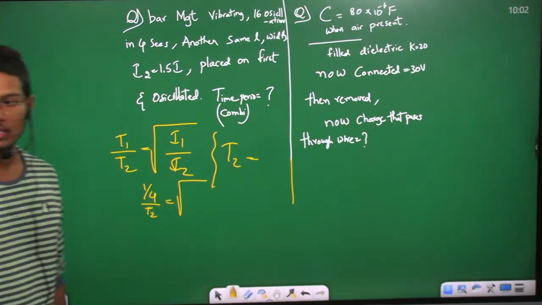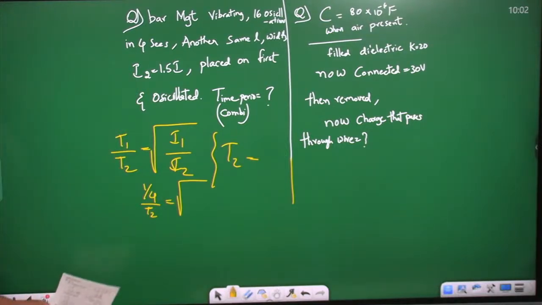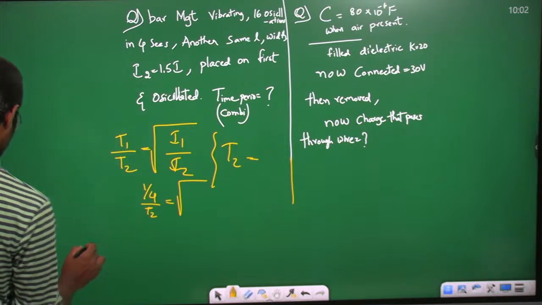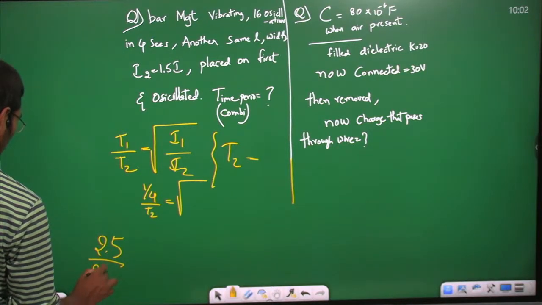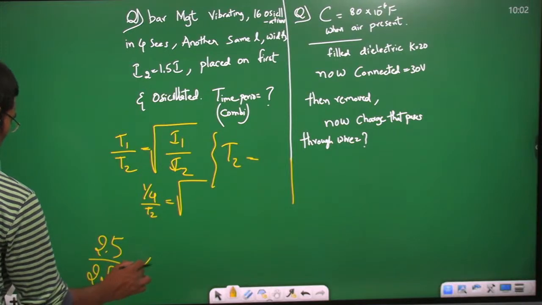First one, you get something as 2.5 by 2 root 10, something this way.